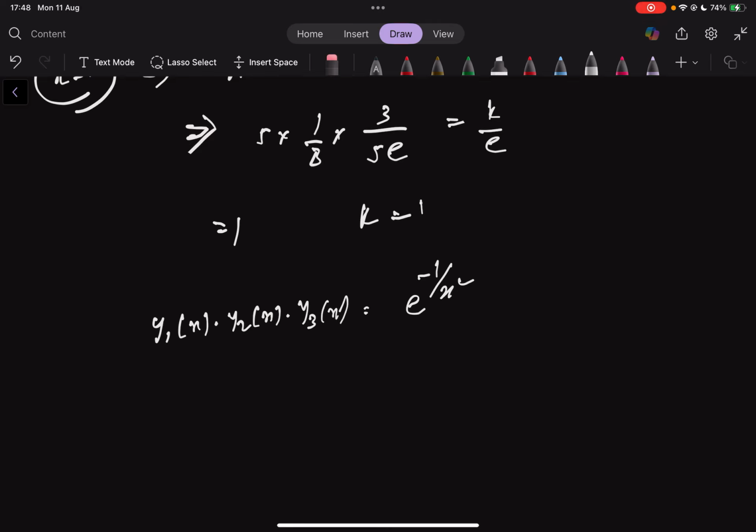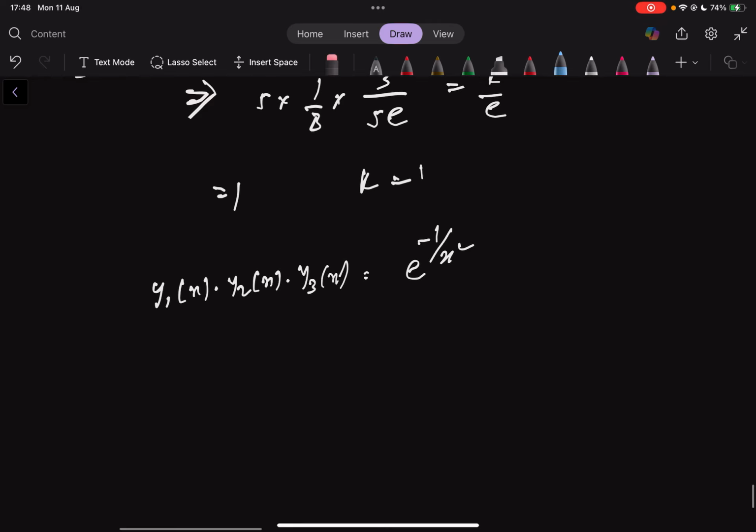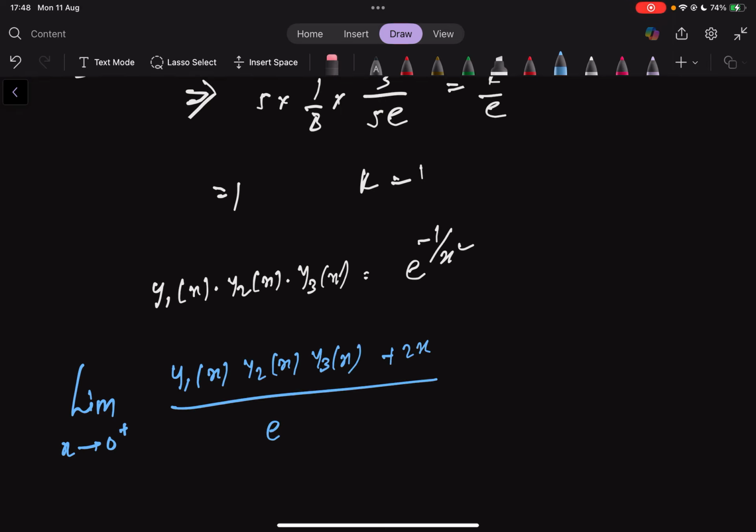Now we are asked to find the limit as x tends to 0 plus of y1 of x y2 of x y3 of x plus 2x by e to the power 3x sin x.